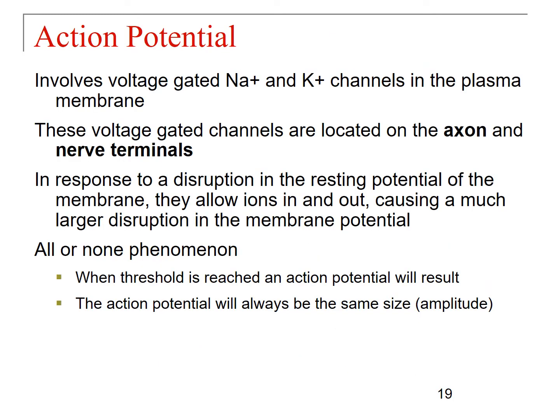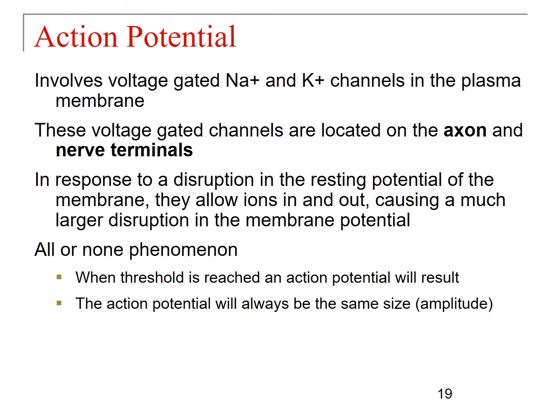Okay, now if you have a disruption to that negative 70 value, then you can get an action potential started. And so an action potential involves a completely different set of channels in the plasma membrane. So let's start out by saying this. There are leak channels everywhere on the entire neuron, in the axon, in the cell body, in the dendrites, everywhere.